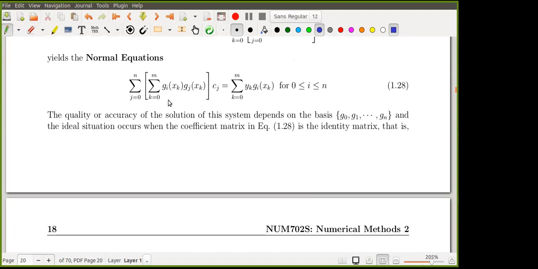Okay, so this is where we are. We call this a_ij, and we are summing here.